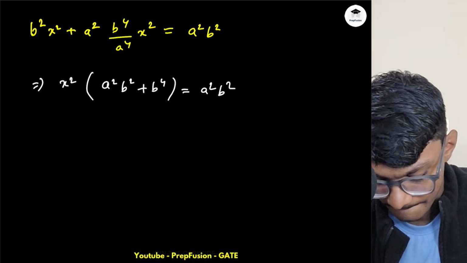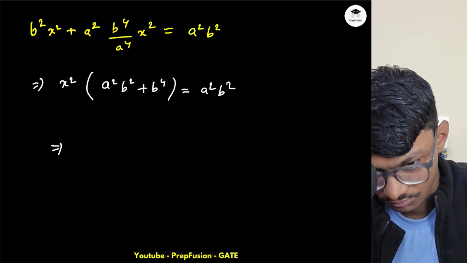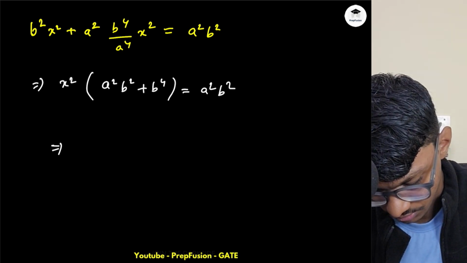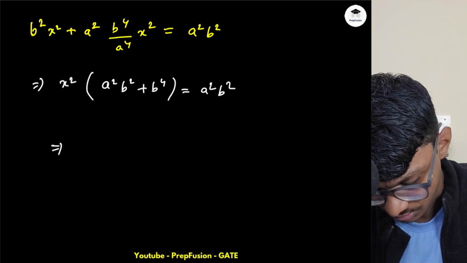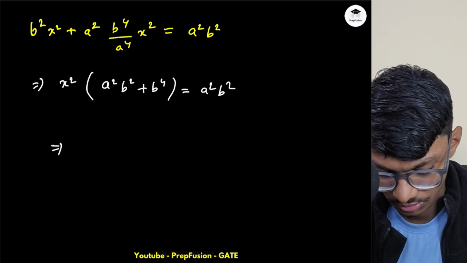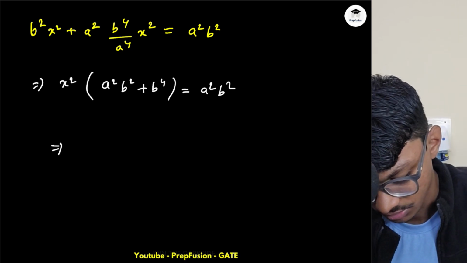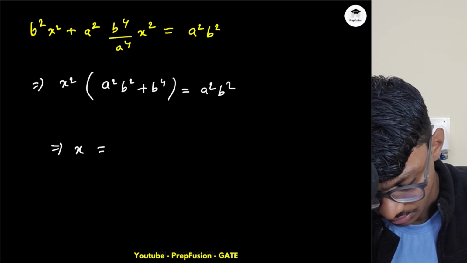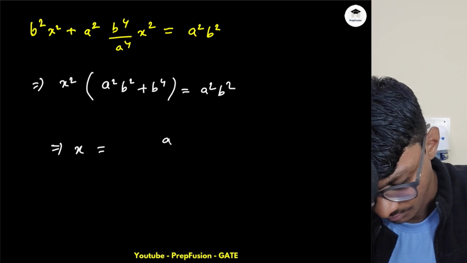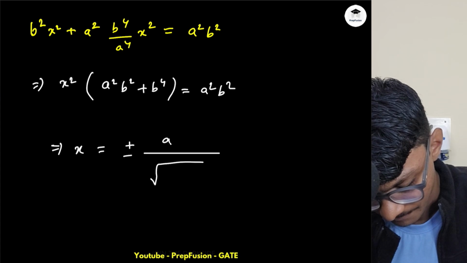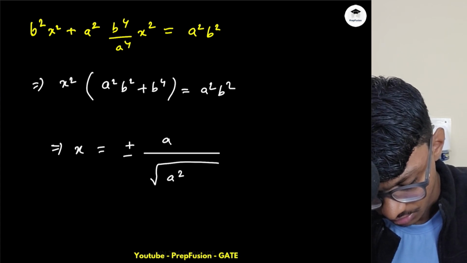So basically what will this equal to, I'm missing something. Okay, I can anyways take b square as common. So x equals to a plus minus under root a square plus b square.